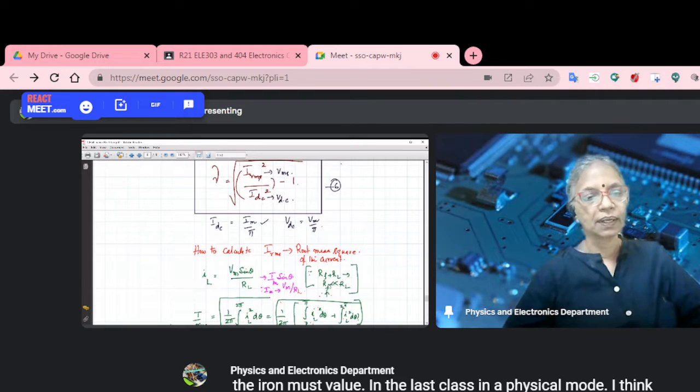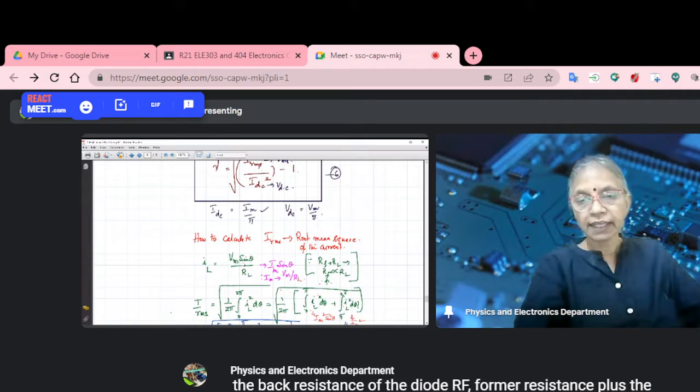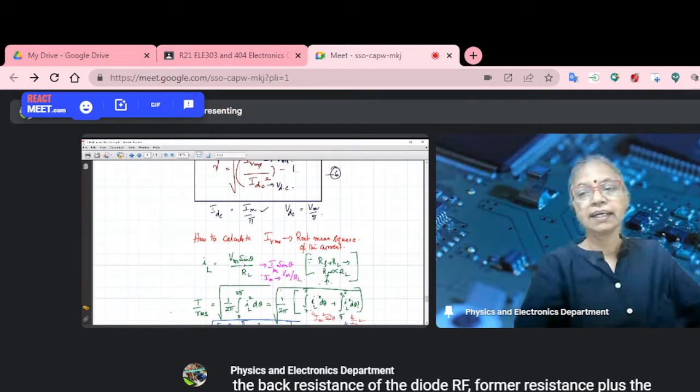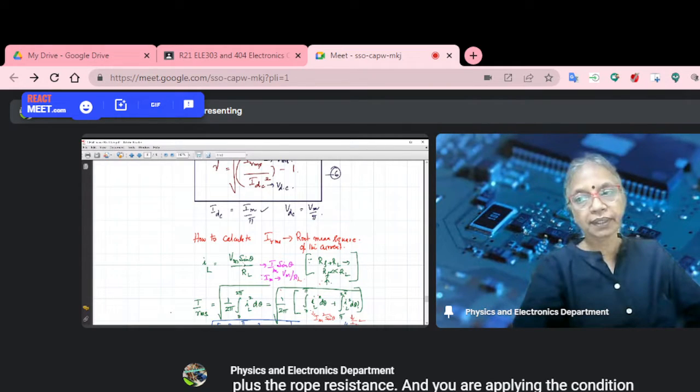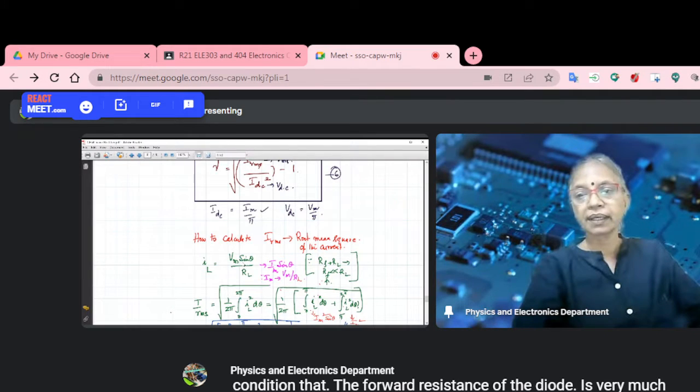And you are applying the condition that the forward resistance of the diode is very much less compared to the load resistance. Therefore, RL can be taken to be more than RF, and hence RF can be neglected. So if it is neglected, you are only left with RL in the denominator.